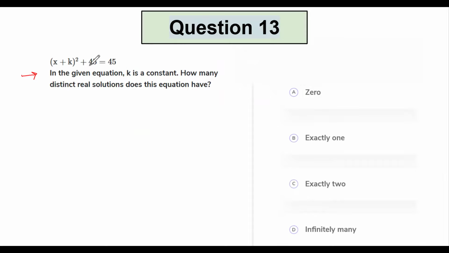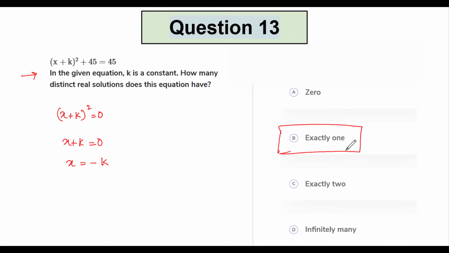If you do -45 on both sides, what will you get? x plus k whole squared is equal to 0. And if you square root both sides, x plus k is still equal to 0. That means x is equal to -k. That means there is exactly one solution, which is -k, whatever the k is.